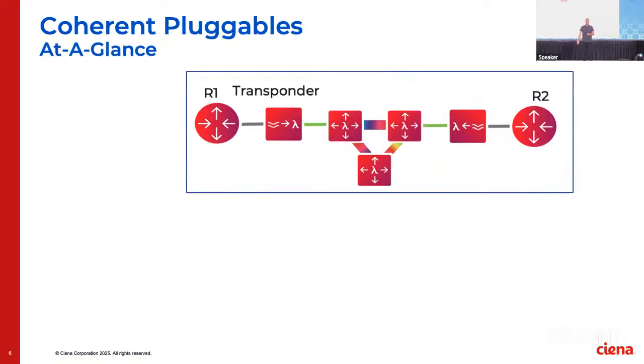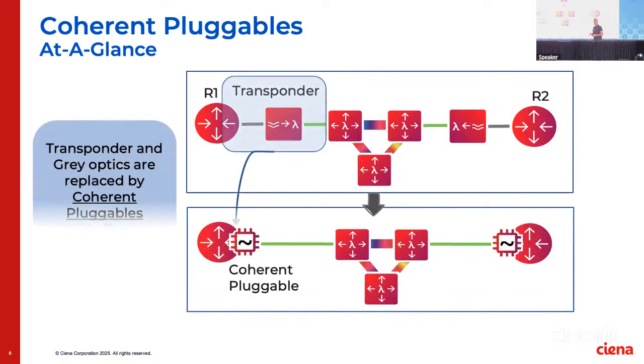With that, let's expand this one: how is this going to relate to the pluggables? Same picture, I just take the transponder physically and put it inside the router. This becomes a pluggable. From the logical perspective, I'm oversimplifying it, but for our discussion, it doesn't matter. I still have an optical service from plug to plug, with the IP link right on top of that.